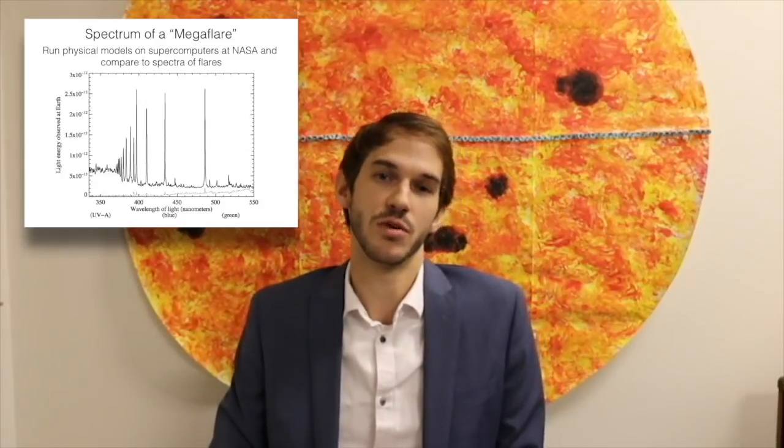What we can do with flares on other stars is obtain spectra. We can measure the amount of blue light to the amount of red light. And with this, we can measure how the temperature changes during the flare. Here's a spectrum of a famous flare on another star. This other star is a red dwarf star. We call it the mega flare because it was so huge and produced so much energy.